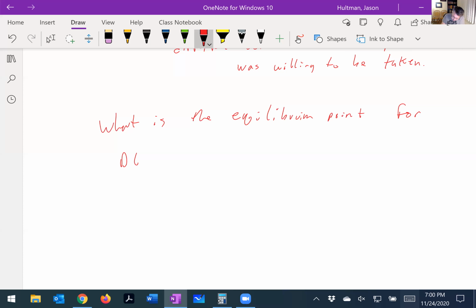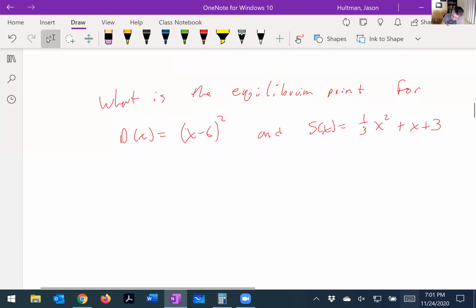For d of x equaling x minus 6 squared and s of x equaling 1/3 x squared plus x plus 3. So I want to know, well, where's the equilibrium point for this thing? Where do the supply and demand curves meet?